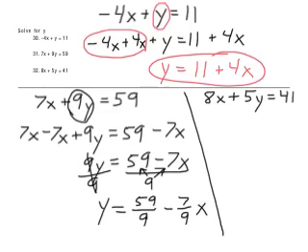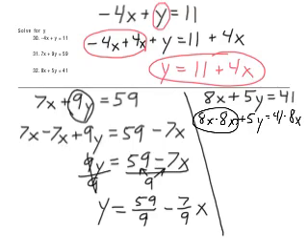Let's do the same thing with this one. We want to get it in terms of y again. So we'll get rid of that x term by subtracting it. We have 8x minus 8x plus 5y equals 41 minus 8x.